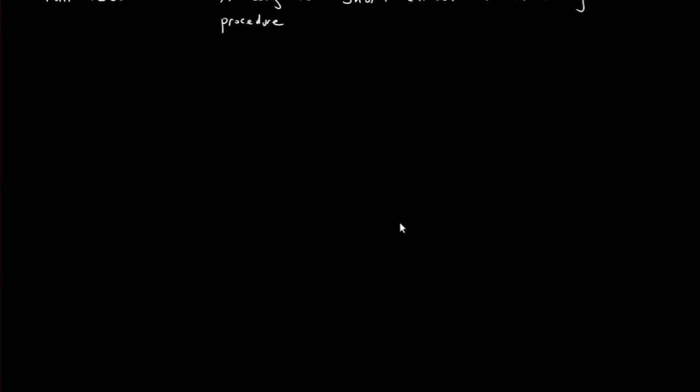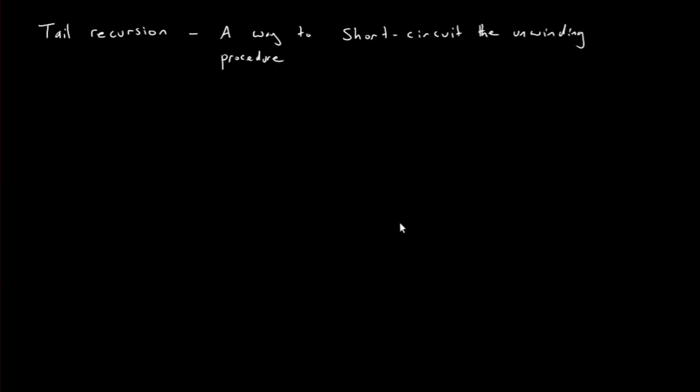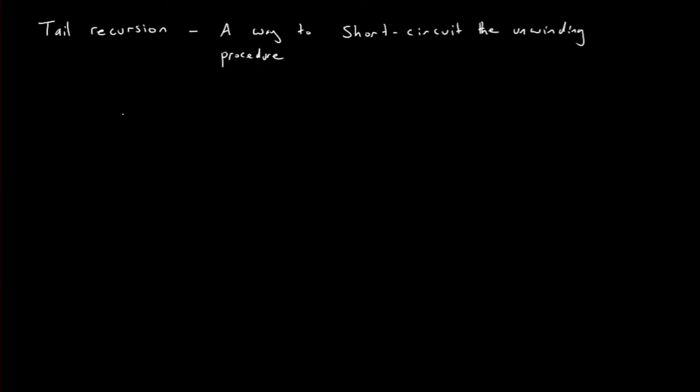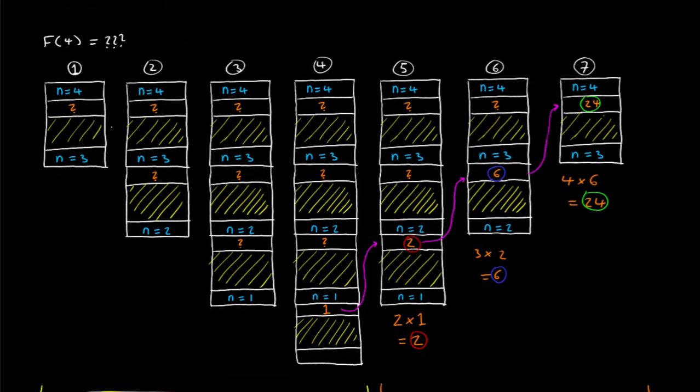Now, maybe it's best to discuss this in a more mathematical context first, then we'll visit how this is implemented in the stack. Because notice here, if we want to short circuit the unwinding, we'd still have to pop all these stack frames anyway, so we wouldn't really be helping anyone, would we?